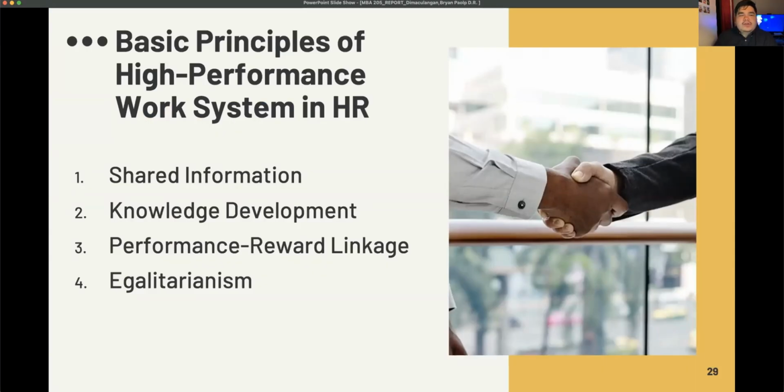Of course, the basic principles of high performance work system in human resource is that there is shared information, it promotes knowledge development, it involves performance reward linkage, and of course, it promotes egalitarianism. When you say egalitarianism, it promotes equality. So it removes any form of inequalities within the organization.